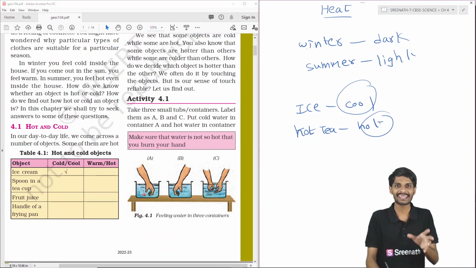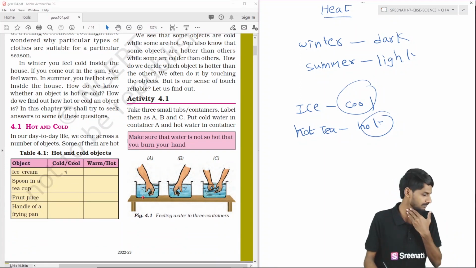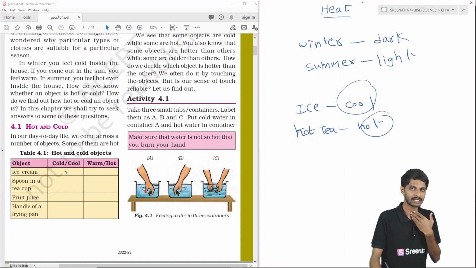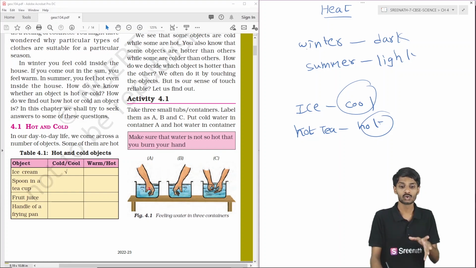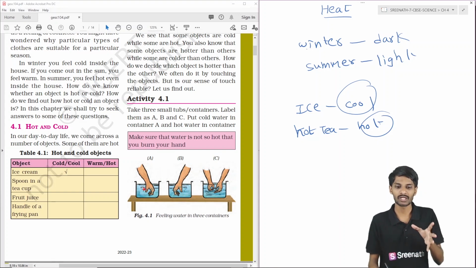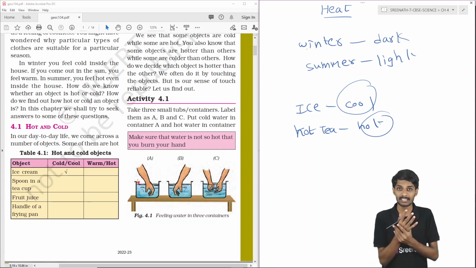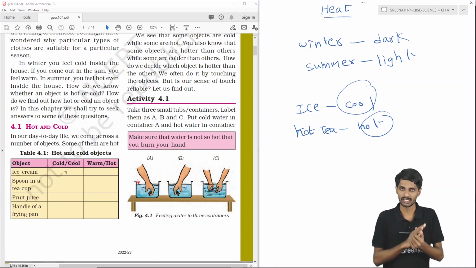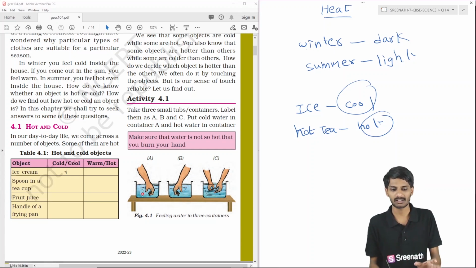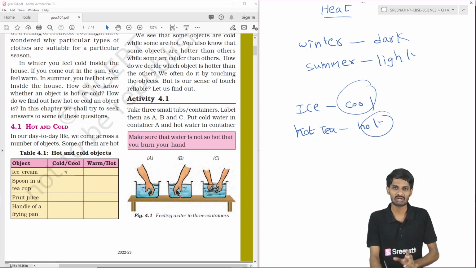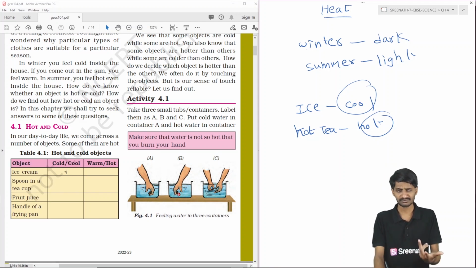Suppose you take hot water in one beaker, and not too much hot water, students. If you take too much hot water then your skin may get injured. So take just a little warm water in one beaker, and little cold water in another beaker.